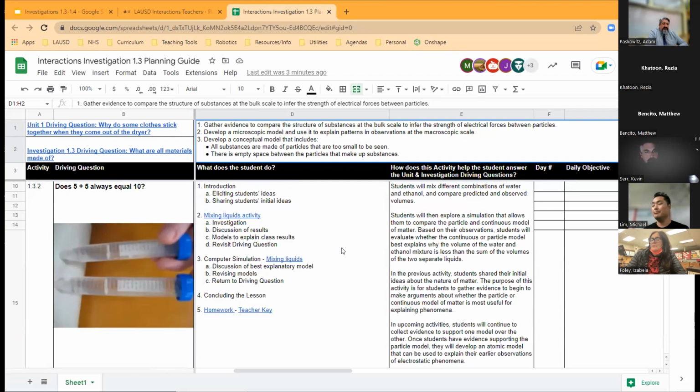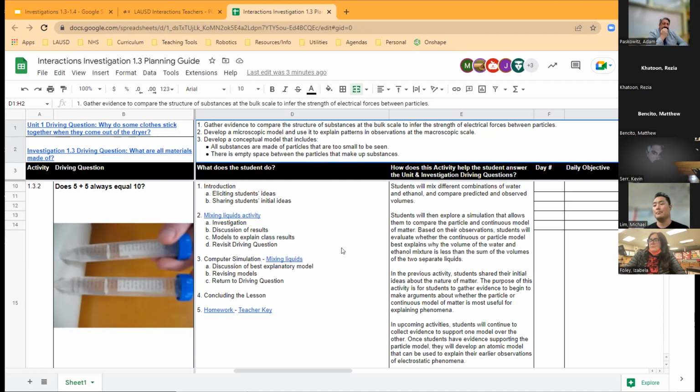Activity 2 is called Does 5 + 5 always equal 10? So we continue with this idea, continuous model versus particle model. In that, we do a little lab activity. In the instructions of this lab activity, you're told to get small 10 milliliter graduated cylinders, put 5 milliliters of water in there and 5 milliliters of alcohol.